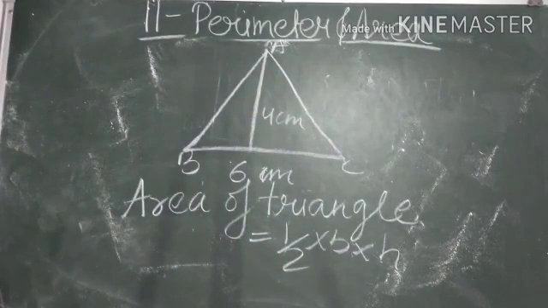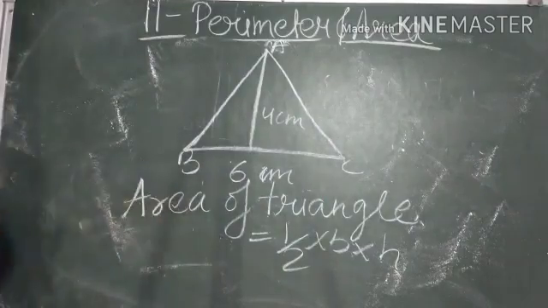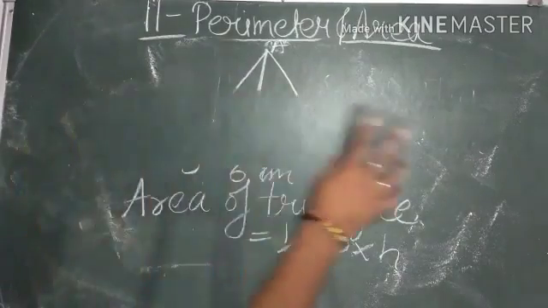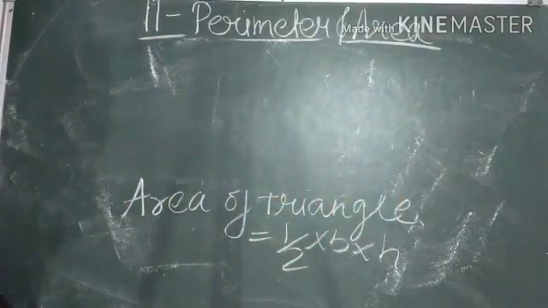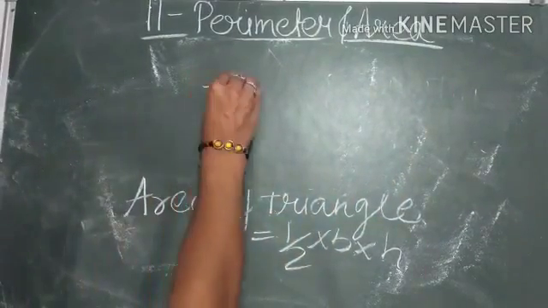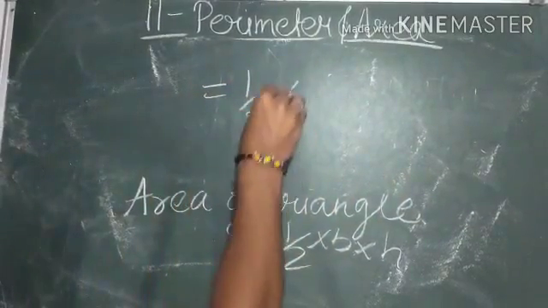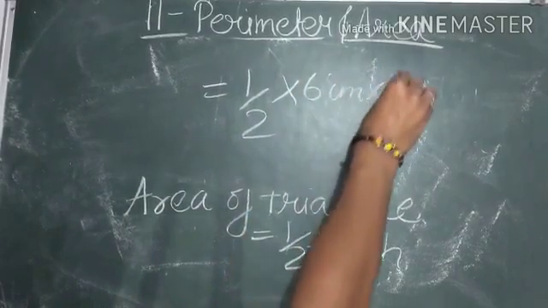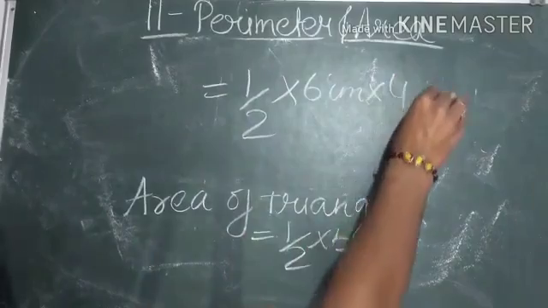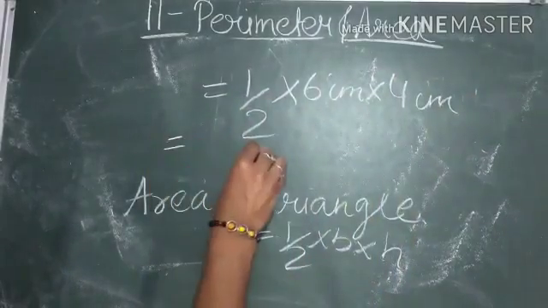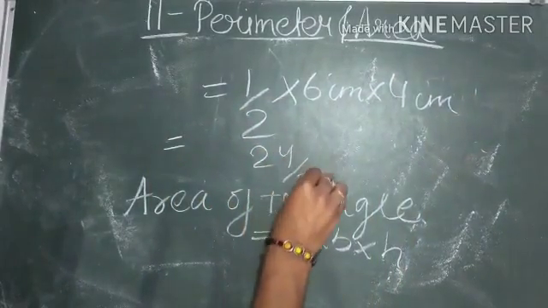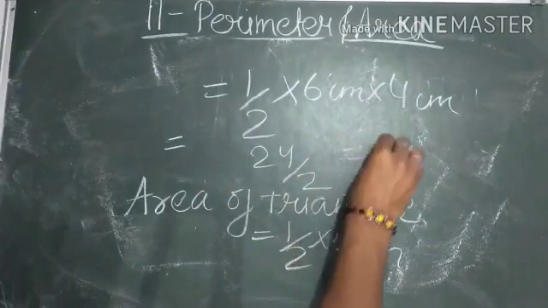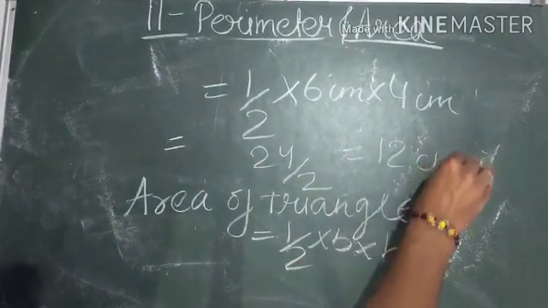So the area of triangle will be 1 upon 2 base into height. So the answer will be 1 upon 2, base is 6 centimeter and height is 4 centimeter. So that is 24 by 2, which equals 12 centimeter.